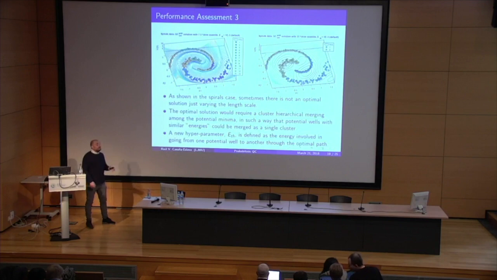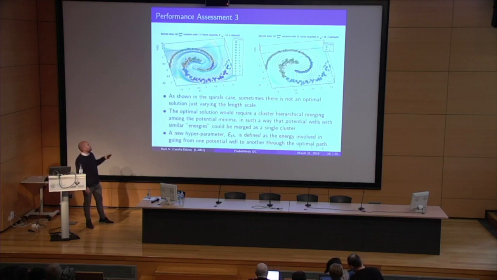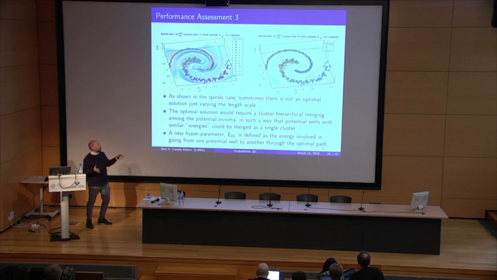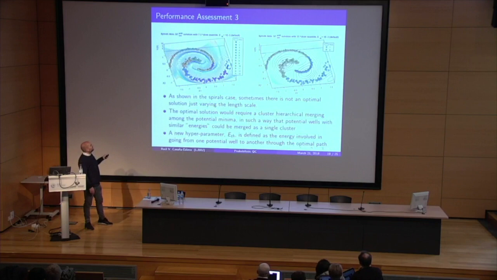But there are other problems where just tuning the length scale is not enough to obtain the optimal solution. Here is the typical spiral data, where each spiral has a different standard deviation. If we start to play with different length scales, we arrive at a point where, if the length scale is small enough, you separate the spirals but segment them into little chunks.